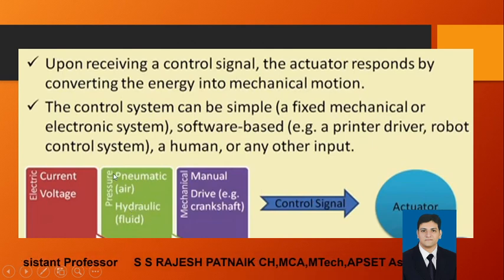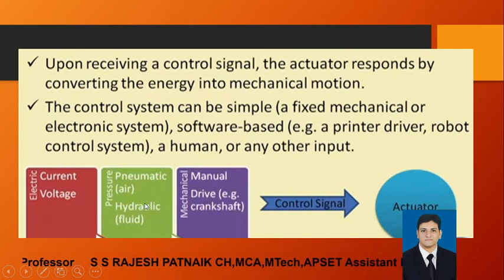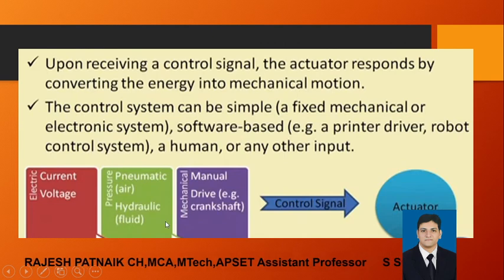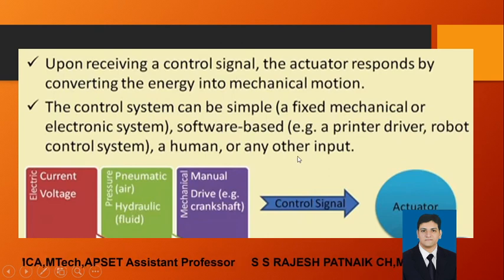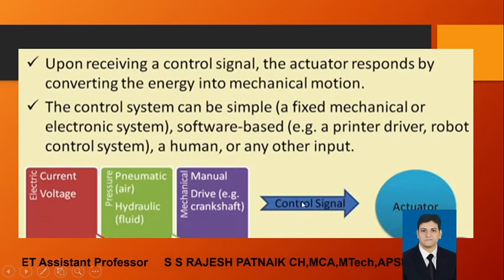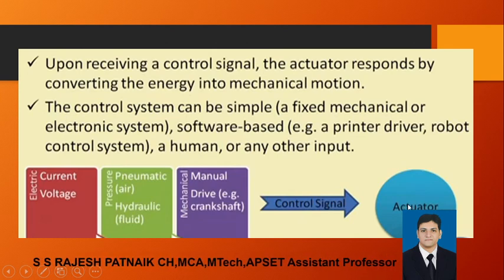That means pressure-based, air pressure or fluid pressure, will be there to perform a certain task. These pneumatic or hydraulic pressures provide the control signal, and it is transferred to the actuator, then the actuator will perform a certain task.